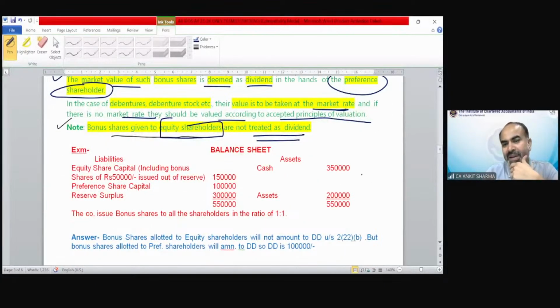Now in this example, kindly tell me what is accumulated profit. How much would I take as accumulated profit in this example? Okay, somebody answered.